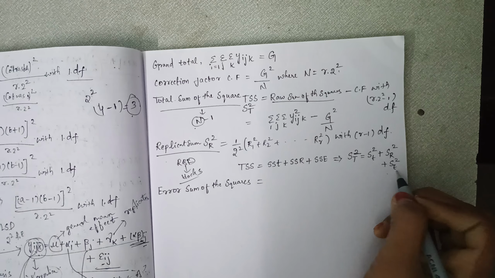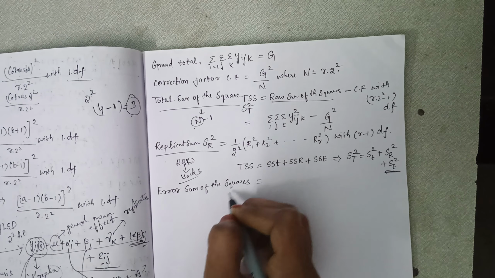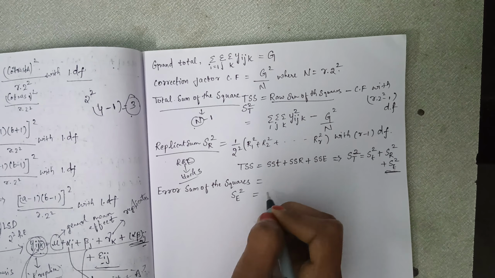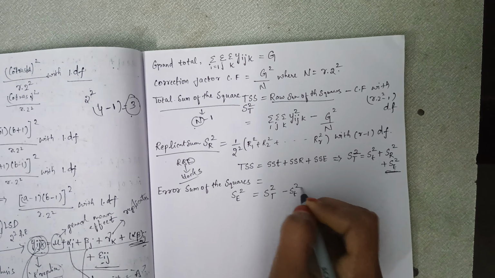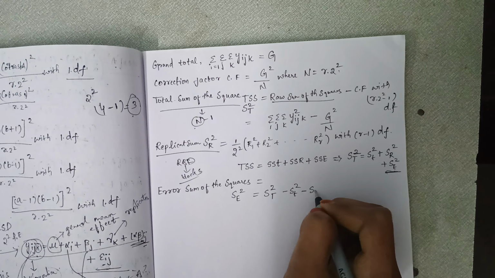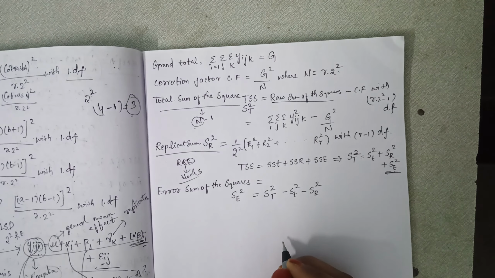From this one, we can calculate SE square, which is equal to capital ST square minus the sum of the squares due to treatment minus the sum of the squares due to replications.